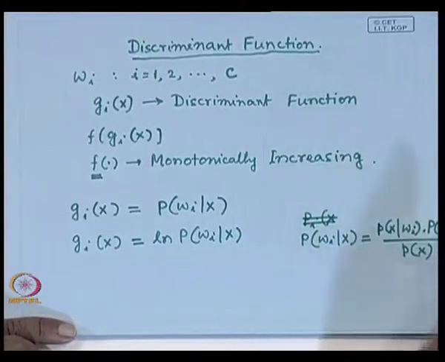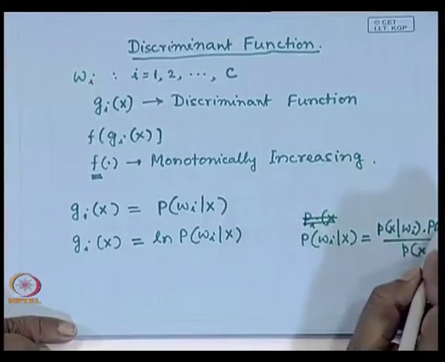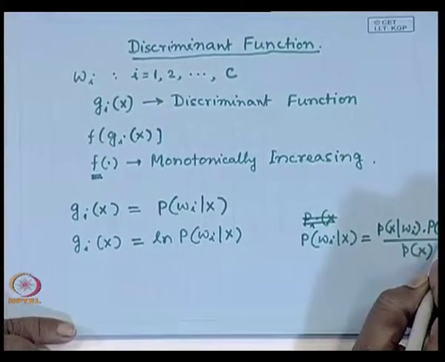So, that does not really give you any discriminating power. So, I simply put p of x given omega_i into p of omega_i.